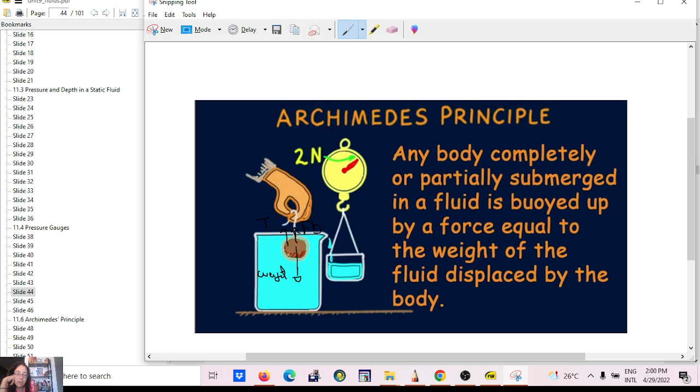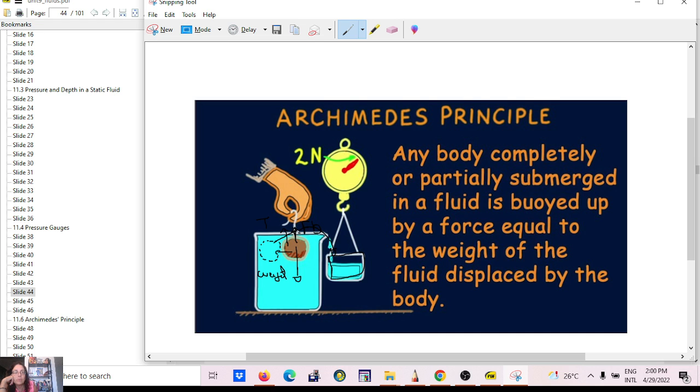But anyway, that object is displacing water. It takes the place of water. Before it came in, you had water here. That water is being displaced and it's overflowing here. If you measure the weight of that displaced water, it's going to be exactly equal to the buoyancy force.